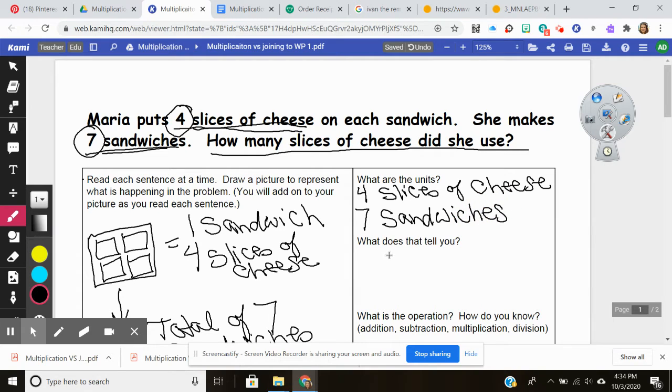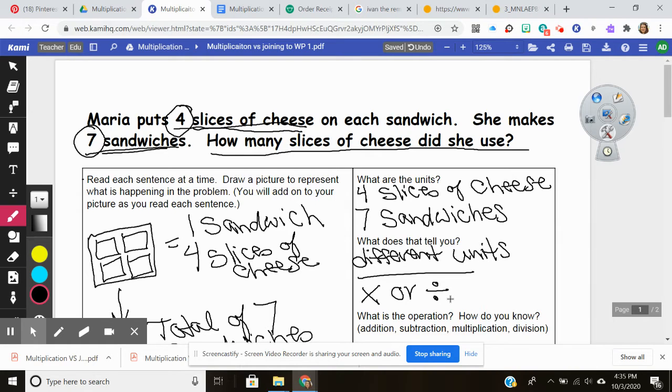So what does that tell me? Well, slices of cheese and sandwiches, they are different units. So when I'm in different units, I'm either multiplying or dividing, okay? But I'm not quite sure yet.